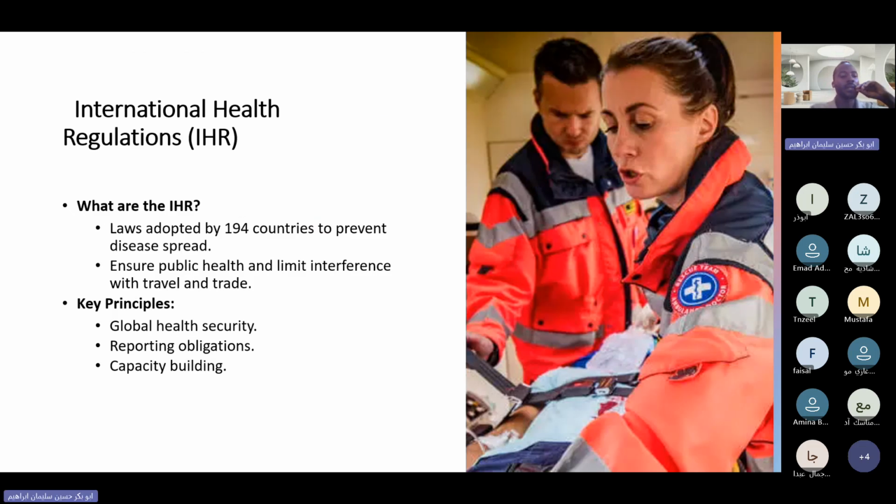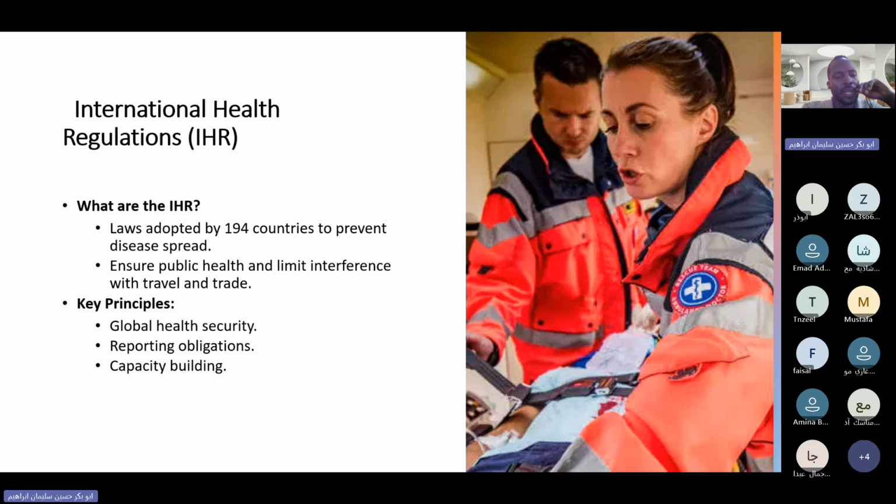The international health regulation is a law adopted by 194 countries to prevent disease. All of these countries around the world sat together and approved that law. The International Health Regulations of 2005 were signed and approved by 194 countries.